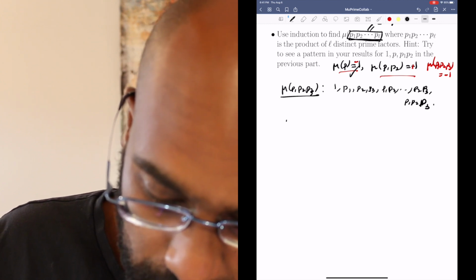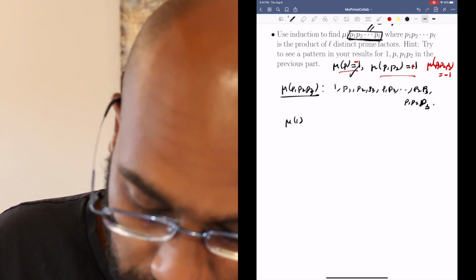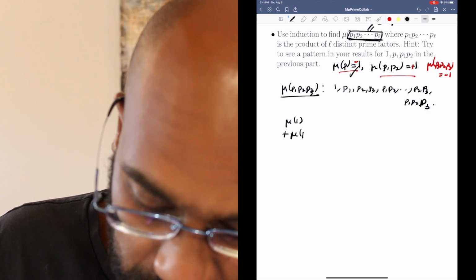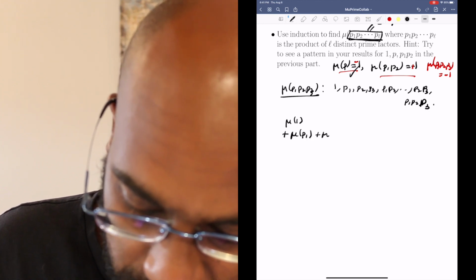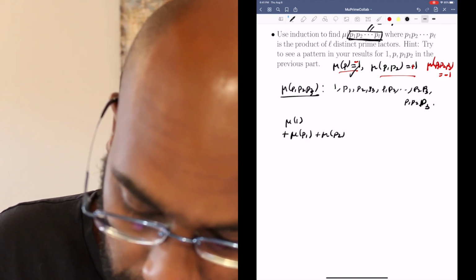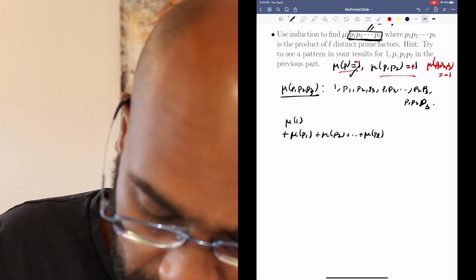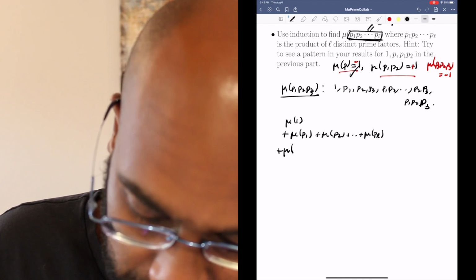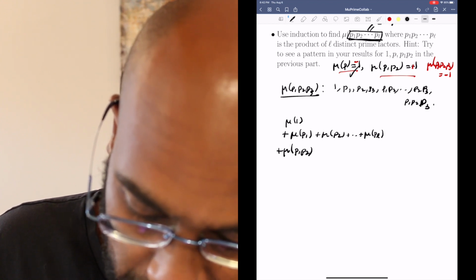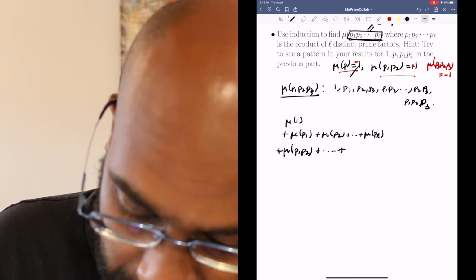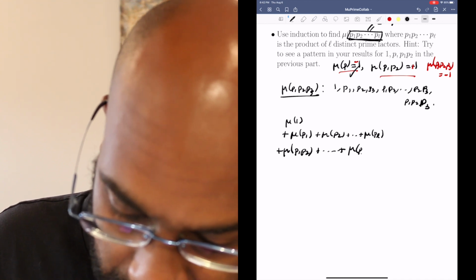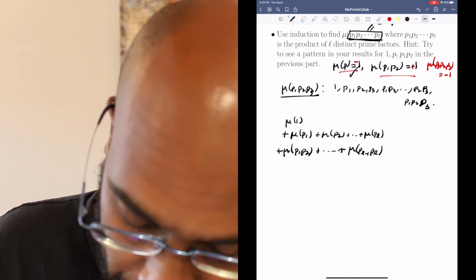So we have mu of 1. And then we have mu of the individual primes, of which there are L of. Okay, then we have the product of pairs of primes, which starts at P1, P2, and then ends at the last pair, which is P(L-1), PL.